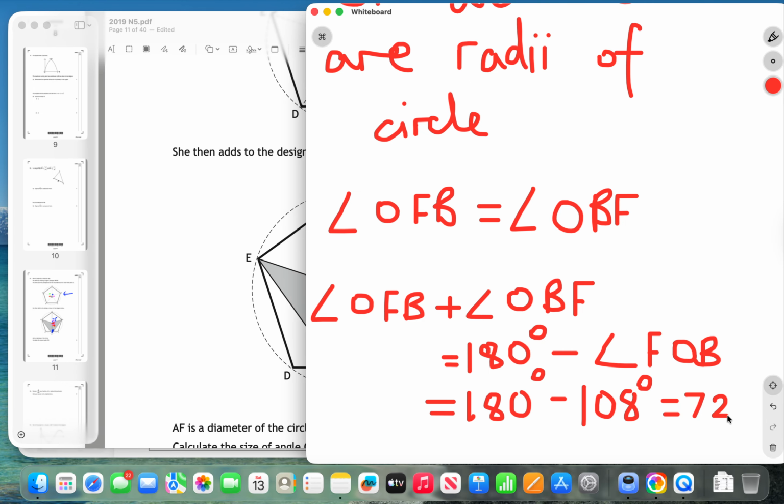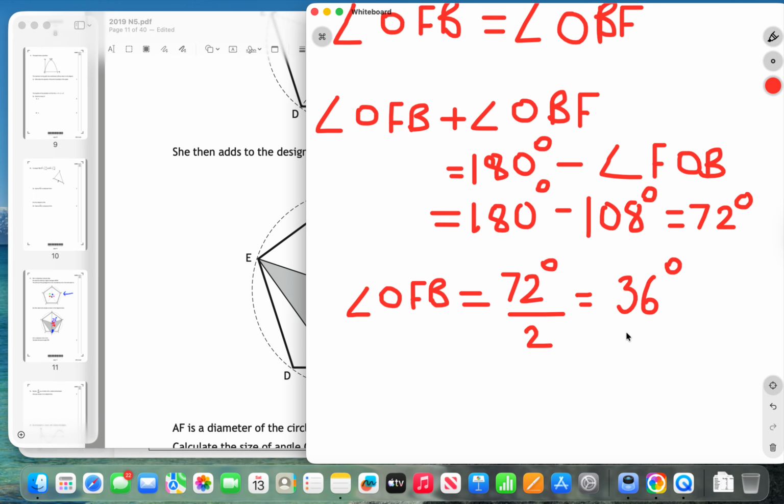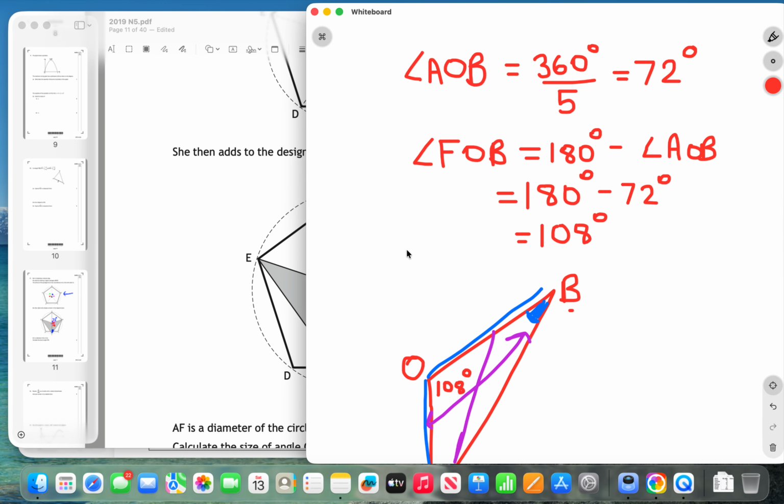Now, because they are both equal to each other, OFB has to be 72 divided by 2. And that gives us a final answer of 36 degrees. We'll underline this one just to be clear. That's 36, and that's us finished.